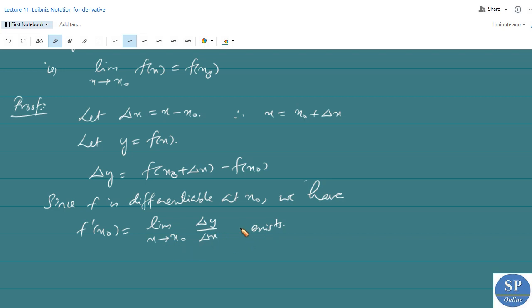Now we have to show that f is continuous at x naught, that is, we need to show that the limit as x tends to x naught of f of x is equal to f of x naught.